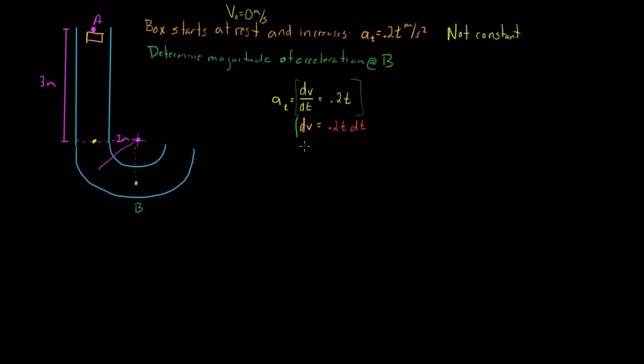We integrate both sides, and we're going to integrate from an initial velocity to a final velocity, some velocity that we don't know. Our initial velocity is v naught, and we know that v naught is equal to 0.